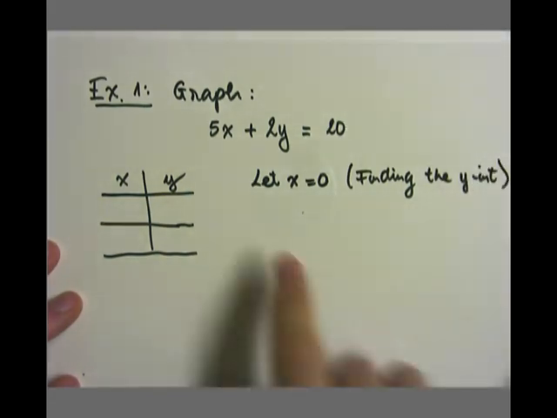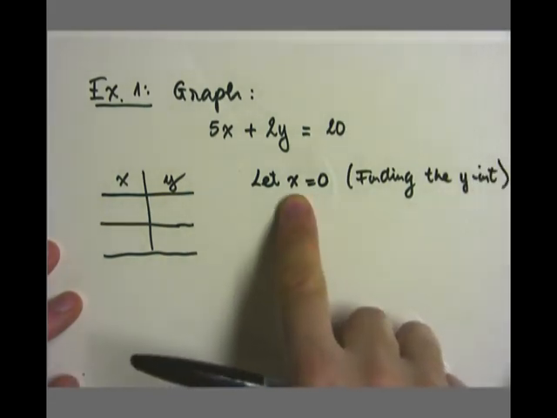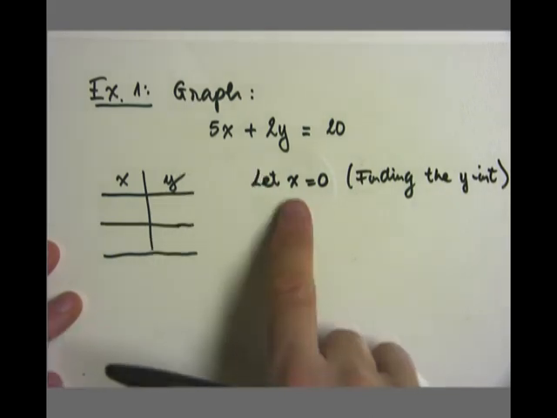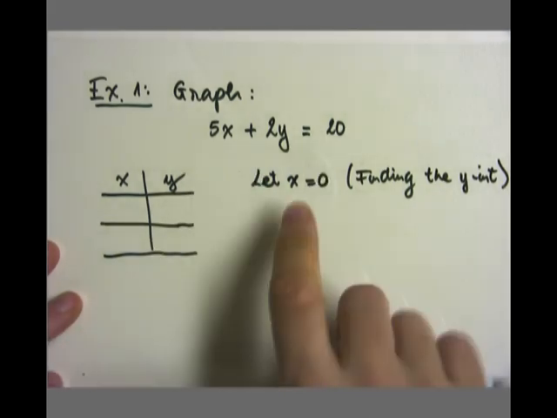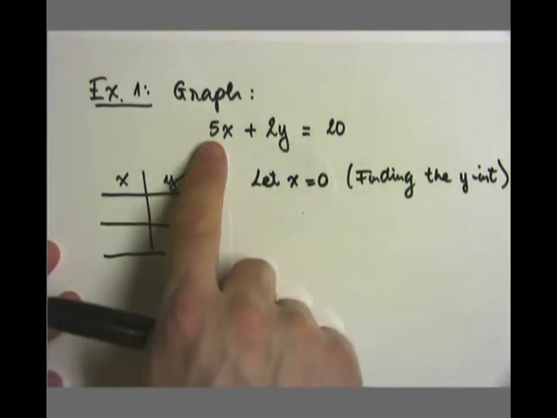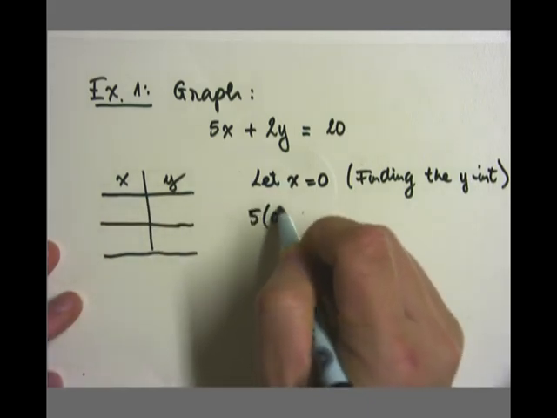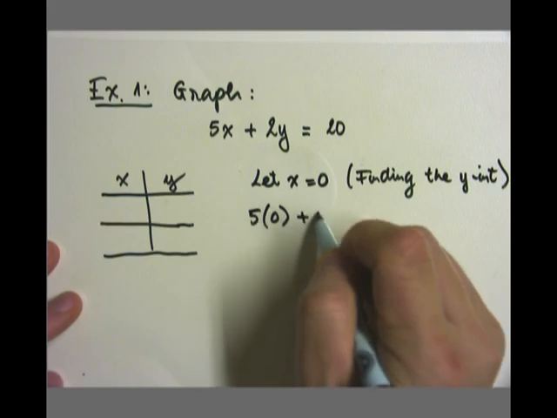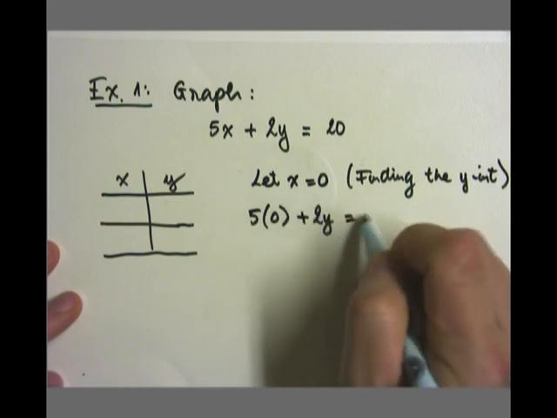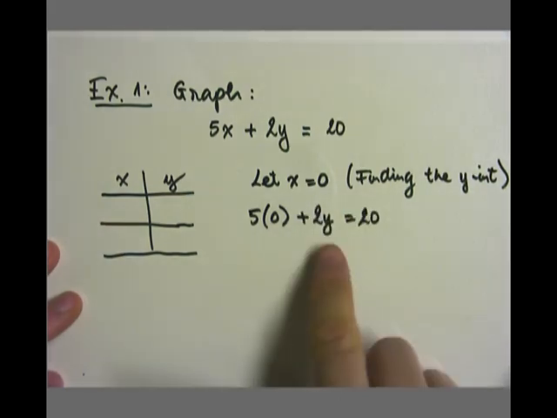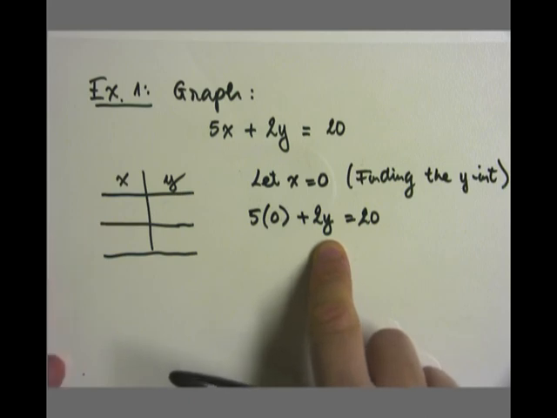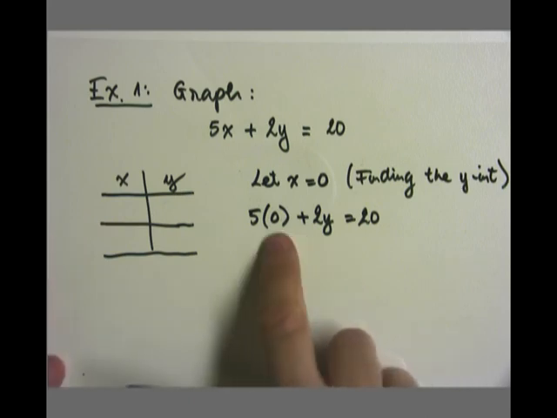Because remember, to find the y-intercept, we always start out solving the equation by letting x equal 0. So now, setting x equals 0, the equation becomes 5 times 0 substituted for x plus 2 times y equals 20. And now I'm going to solve for the y value corresponding to x equals 0.